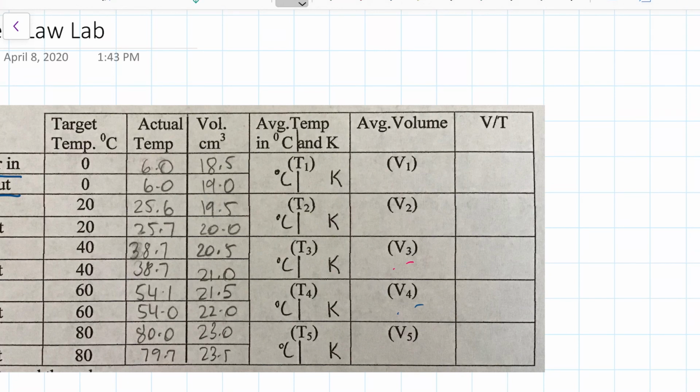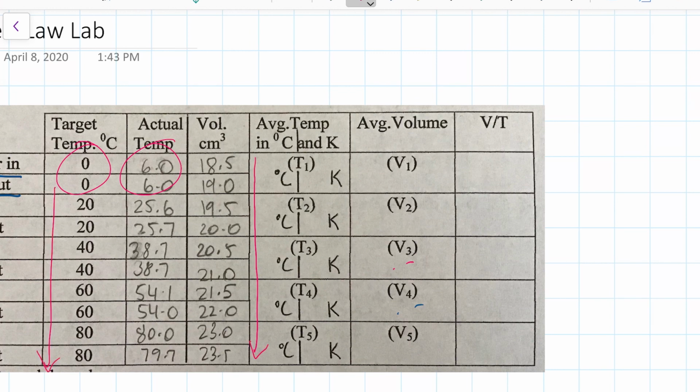Now, before we proceed with playing with the data, let's just make sure we understand what happened. When I put my syringe into 0-degree water, well, actually my water was only at 6 degrees, my volume was about 18.5 or 19. Notice what happened to my volumes as my temperature increased.